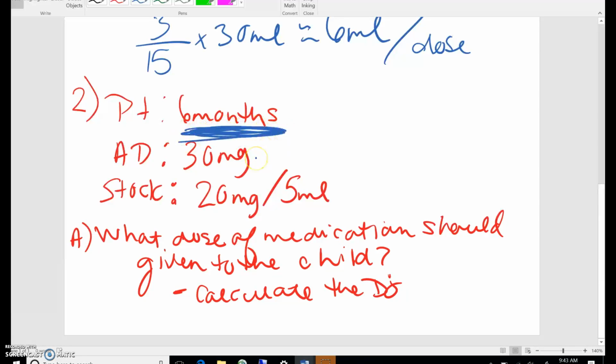In this case, the patient's information is 6 months. So you know that one of those rules deals with the patient's age in months, as long as their months is 11 and below. So I am going to use the what? We're going to use Fry's rule in order to calculate that.